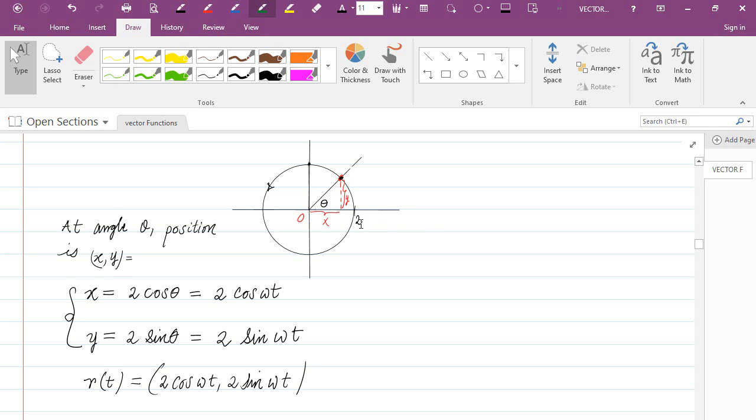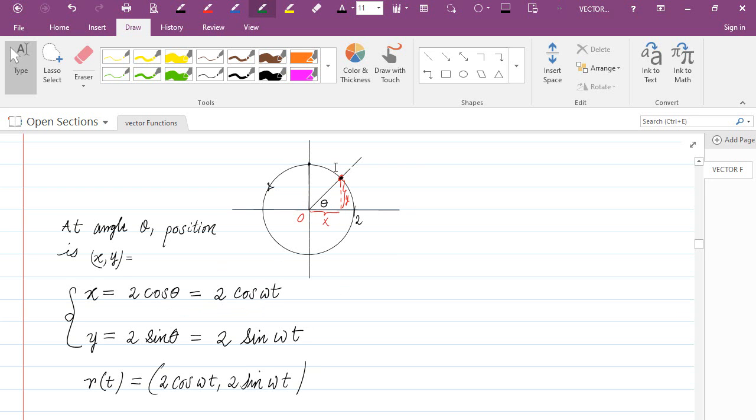Clearly in this right triangle, remember the hypotenuse here would be 2 because the radius of the circle is 2. So x divided by the hypotenuse 2 here would be cosine of theta. So then x would be 2 times cosine theta. But theta, remember, we computed to be omega t.